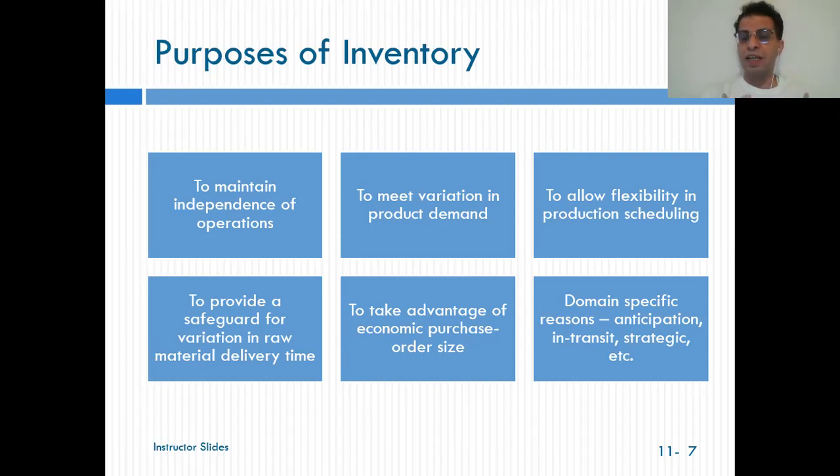It also allows flexibility in the production schedule, provides a safeguard for variation in raw material delivery, and takes advantage of economic purchase order size. The more you buy, the cheaper it is. There are also domain-specific reasons, anticipation, in-transit inventory, or some kind of strategic plan.